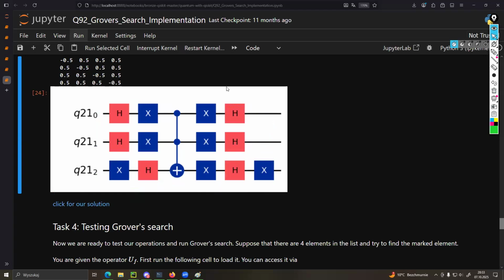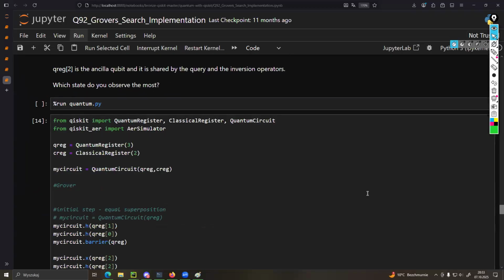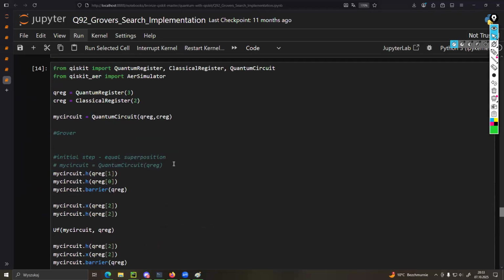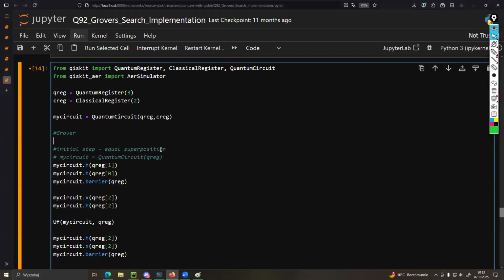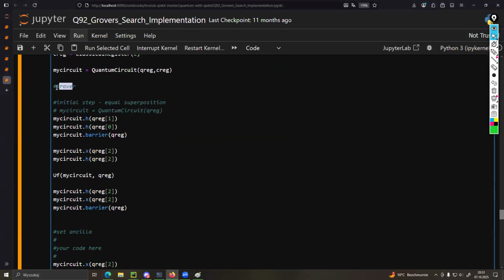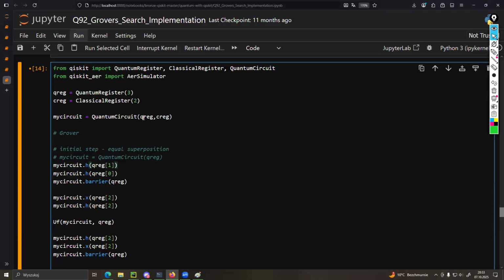Okay, so what happens when we tie everything together? So that is it. There is Grover. We have equal superposition on our circuits. I define my circuit like this.